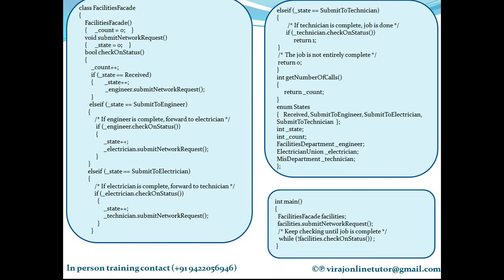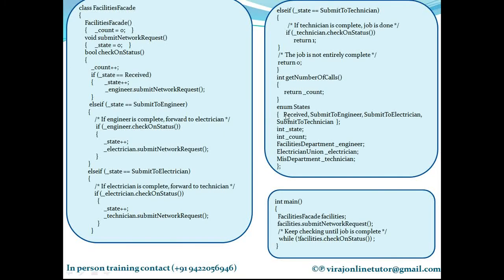So facilities facade will have these states. Now what are these states? Received is the first one. Second is, after it is received, I am submitting it to engineer. After the request is completed by an engineer, I am forwarding it to electrician. After the electrician completes the request processing, I submit it to technician. And after a technician completes, my job is done.